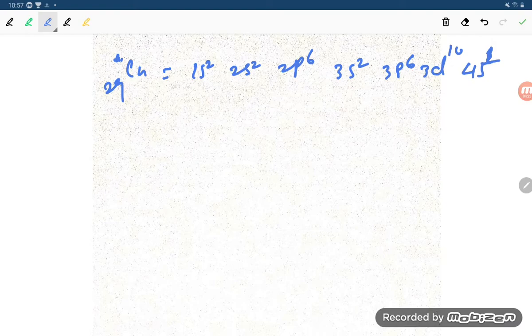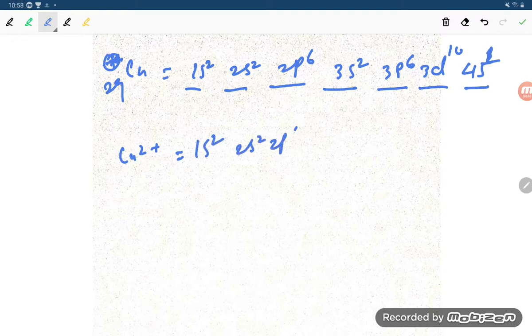Adding up: 2, 4, 10, 12, 18, 28, 29, this is correct. For Cu2+, one electron goes from 4s and one from 3d, so the configuration is 1s2, 2s2, 2p6, 3s2, 3p6, 3d9.